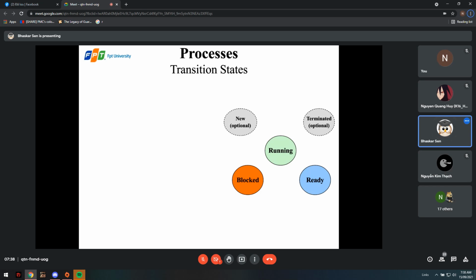Can anyone suggest an answer? The process is currently blocked, and the OS wants to terminate it. In fact, I can give you options. What are the states that it will have to transition through to get to terminated?